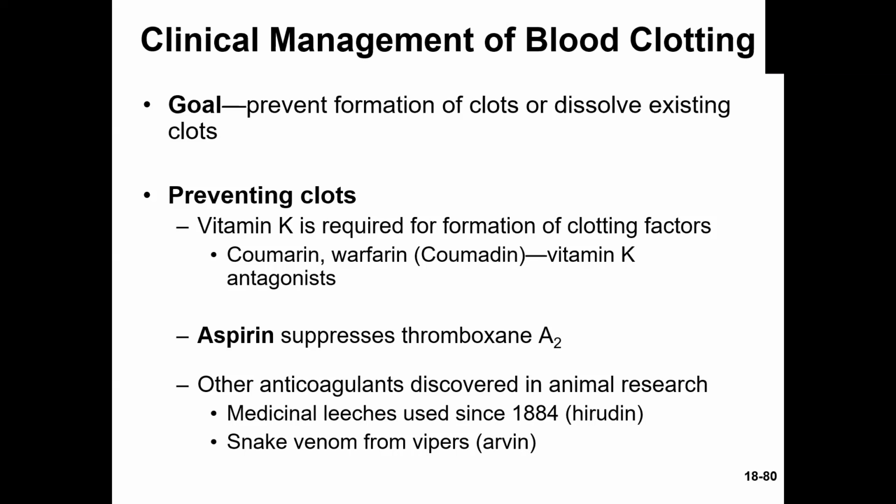It was done conventionally into the middle of the last century. The application of leeches to a person to anticoagulate them via their released chemical called hirudin. Now, snake venom has an anticoagulant as well called arvin. That's the danger of a snake bite.